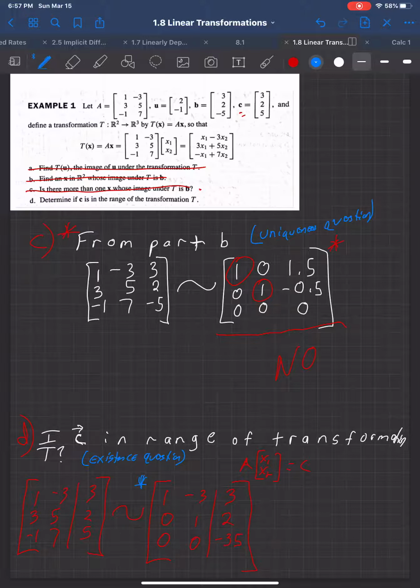Put away your phone, put your life on hold for just a second, and come back to these knowledge bombs that I'm trying to give you here. Look at that row reduced matrix and tell me, is there a way that you can get to this point in space by choosing some point on a plane?